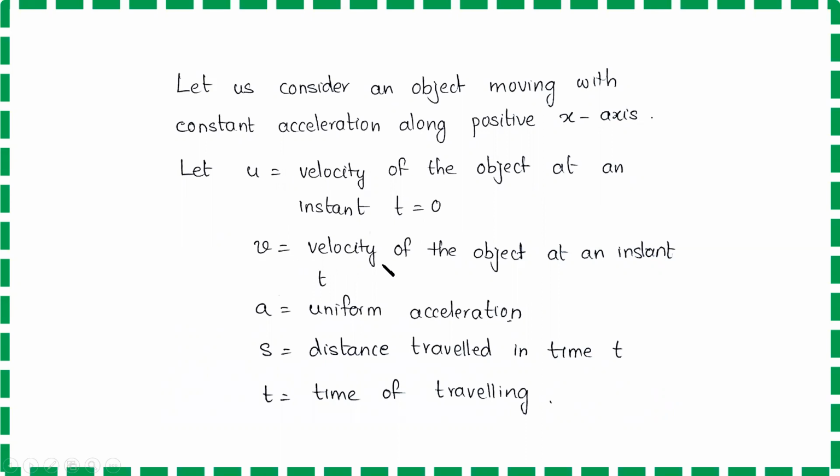After a time t, the velocity of the object is v. u is the initial velocity, v is the final velocity, a is the uniform acceleration, s is the distance traveled in time t, and t is the time of travel. These are the variables which we will be using in this discussion.